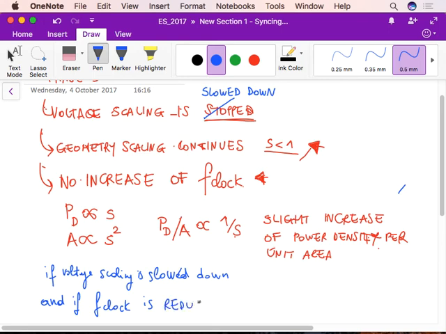It is a bit more aggressive as a solution. Then I can keep PD over A more or less constant.